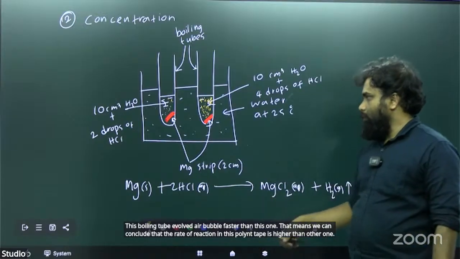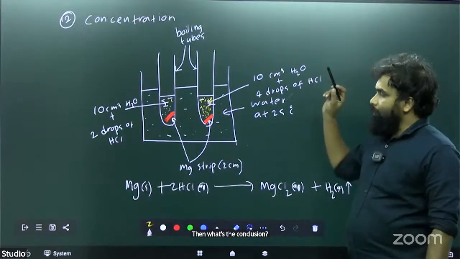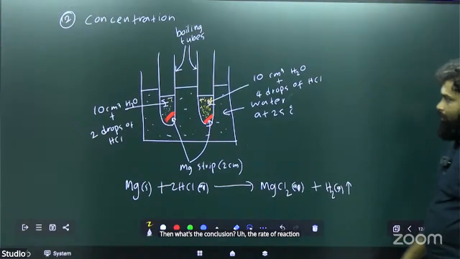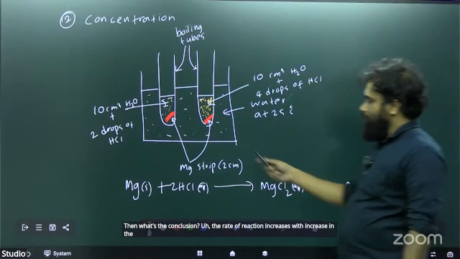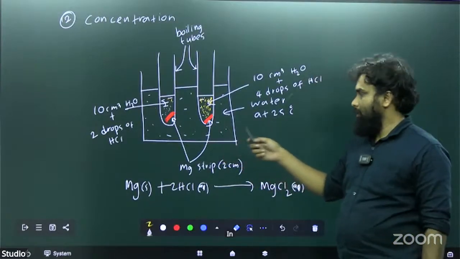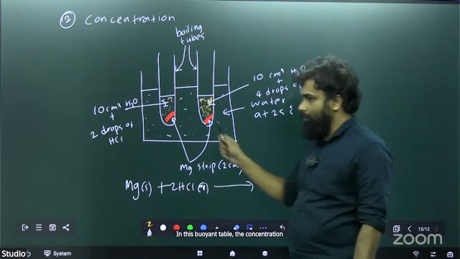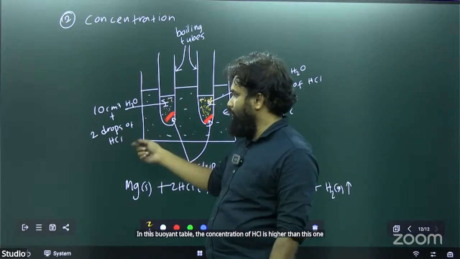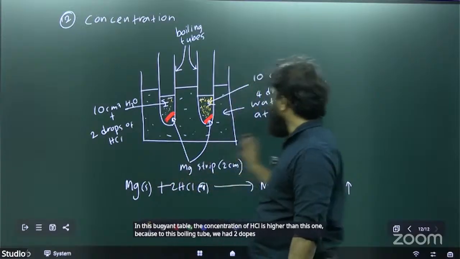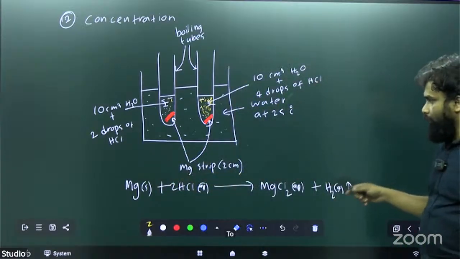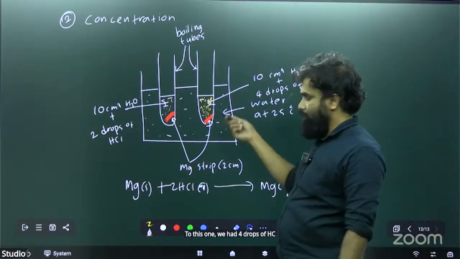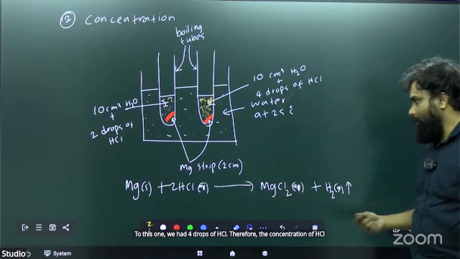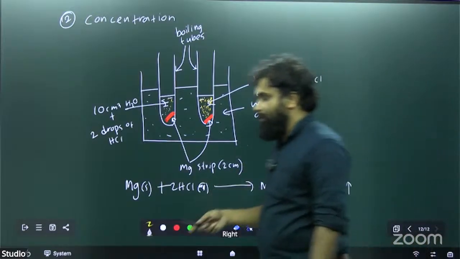Then what's the conclusion? The rate of reaction increases with increasing the concentration, because in this boiling tube the concentration of HCl is higher than this one, because to this boiling tube we had 2 drops of HCl, to this one we had 4 drops of HCl. Therefore the concentration of HCl is higher in this boiling tube, right? Then what's the explanation?